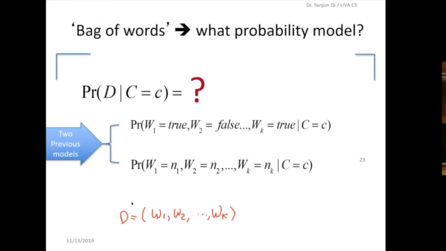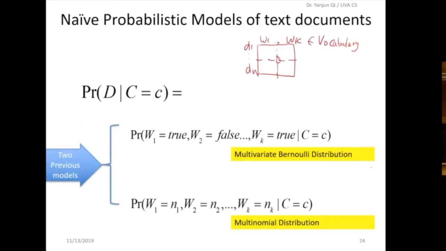If you represent it as counts, this is a count-based formulation. If you represent it as a Bernoulli, you need to figure out how to represent it. The first kind, if you use the naive assumption, is exactly the multivariate Bernoulli distribution, which we use to represent this joint conditional formulation.